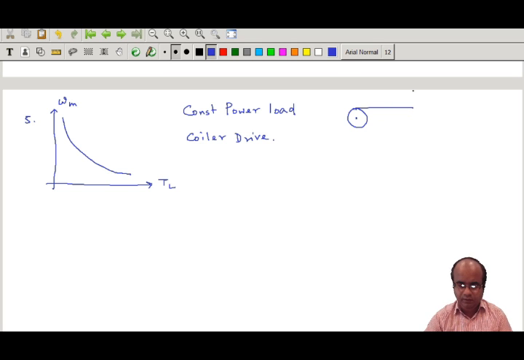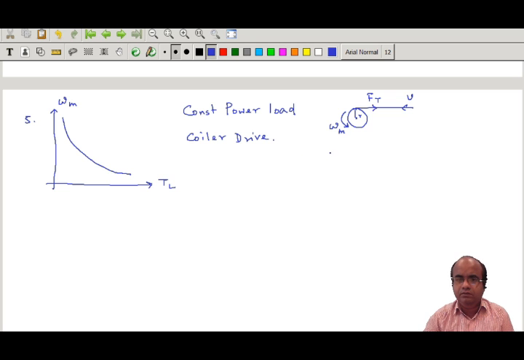A coiler drive is like this. Say this is the linear velocity and a linear force is applied on this, and this is the radius r, and the motor is rotating at speed omega.